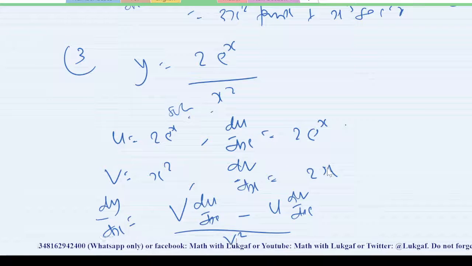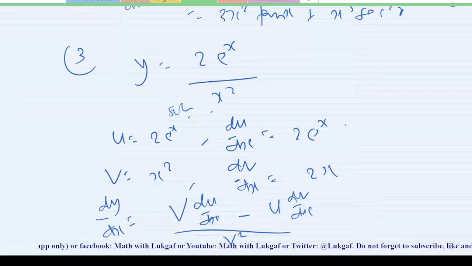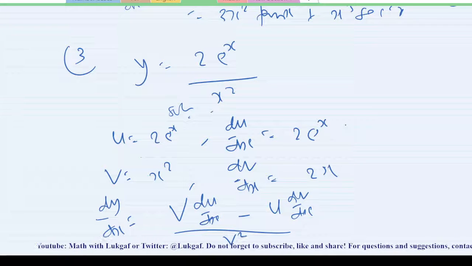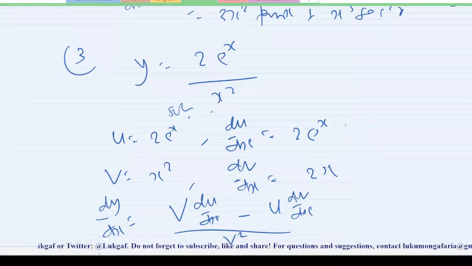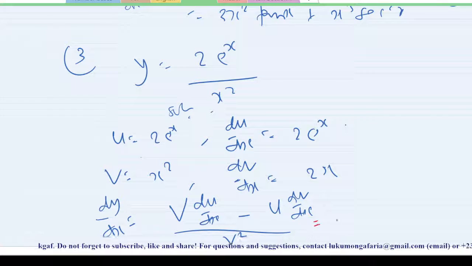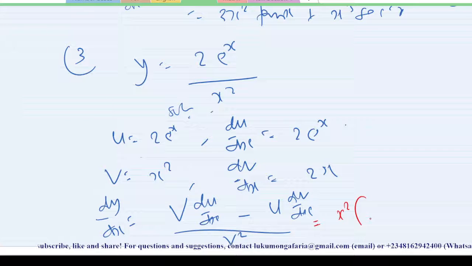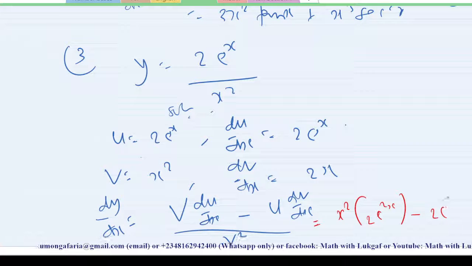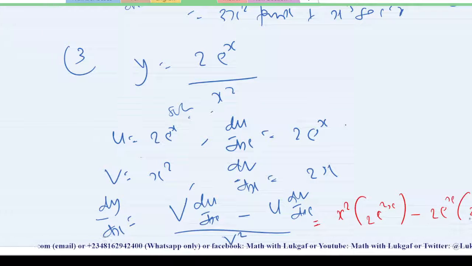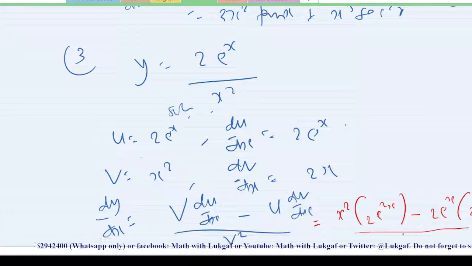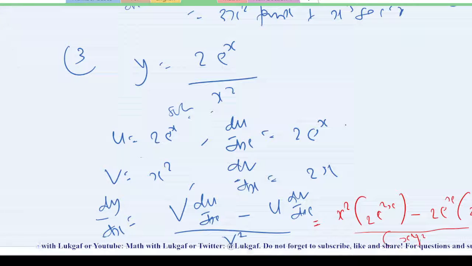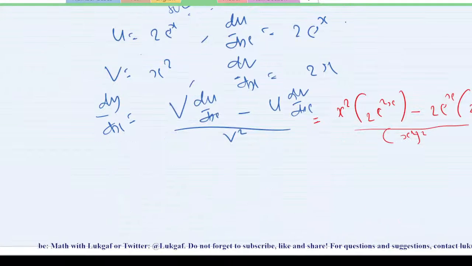So if you substitute that, then I'm going to have something of this nature, dy dx is equal to, what is v? x squared, du dx, that's 2 e raised power x, minus u, 2 e raised power x, the dv dx is 2x, then divided by v squared. My v squared is x squared, everything squared. You understand?